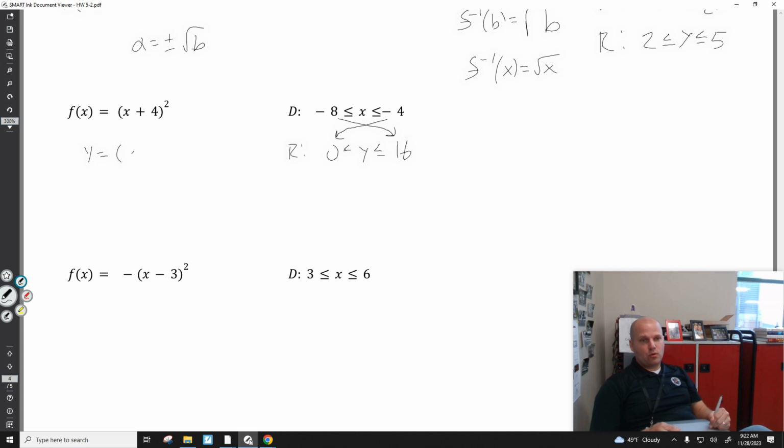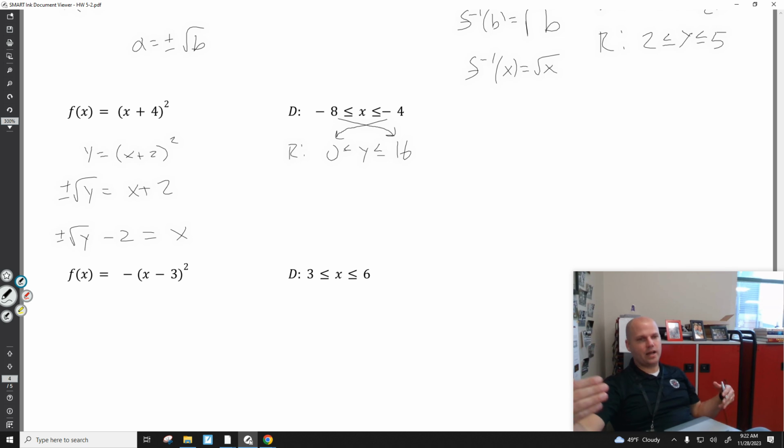Okay, if you want to do the Mr. Huffaker way, you just solve for x. You square root. Now, when you square root, you'll have a plus or minus. Subtract 2. Plus or minus root y minus 2 is equal to x. Okay, so I'm going to take my outputs, my y's, square root them. I need the correct positive or minus side and have 2.